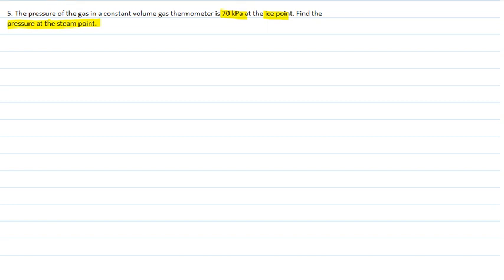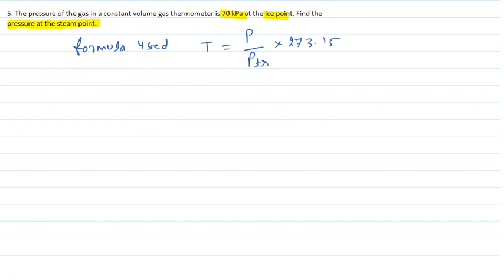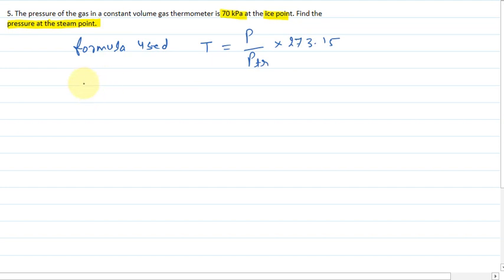So first thing is formula used. And this will be T is equal to P by P triple point into 273.15. Here we know what we know.